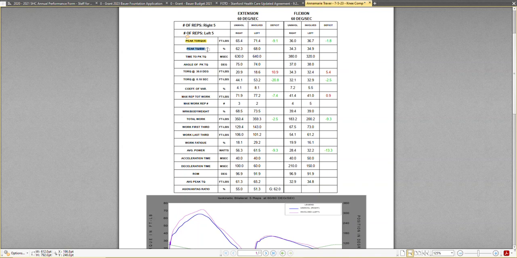The next metric is also important to us. This is peak torque to body weight ratio. There are good norms that have been established based on gender and age for this metric.